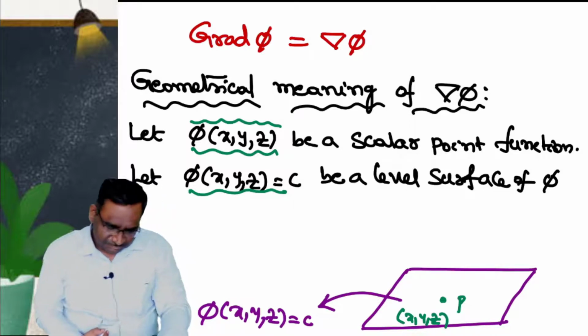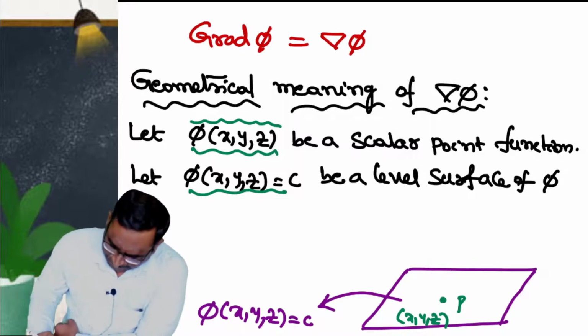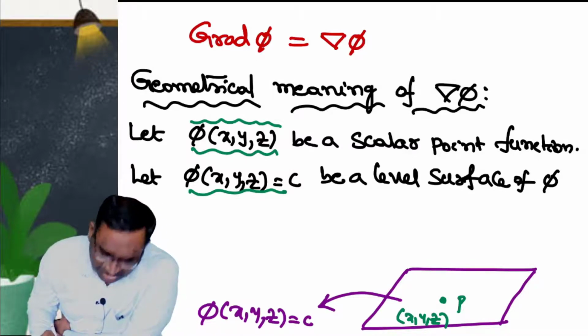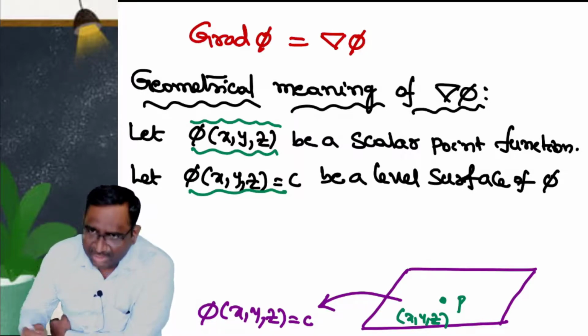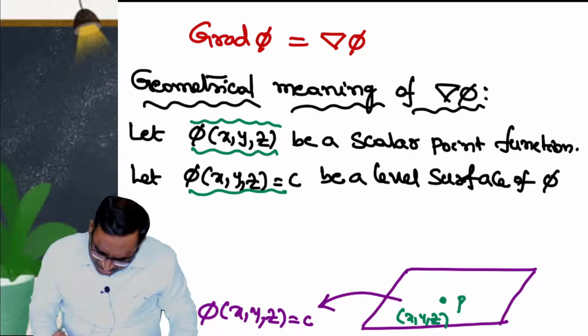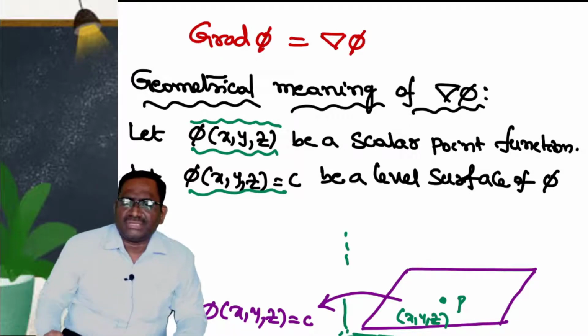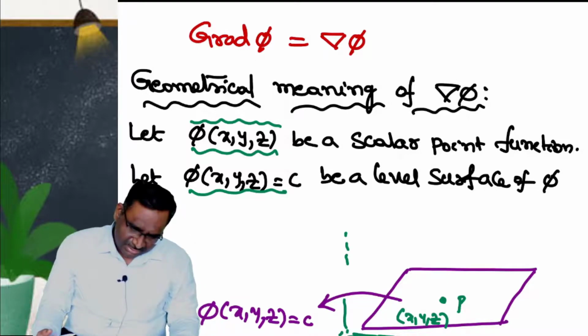At this point, you know the position vector with respect to the origin, because it is in three-dimensional space.